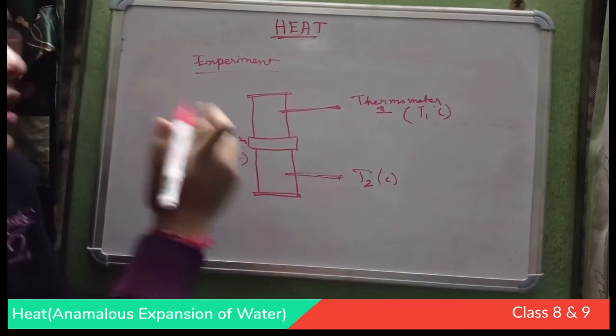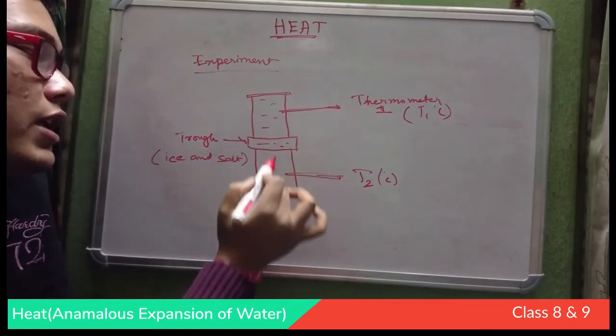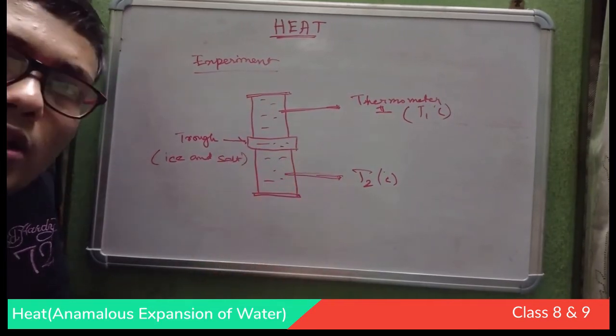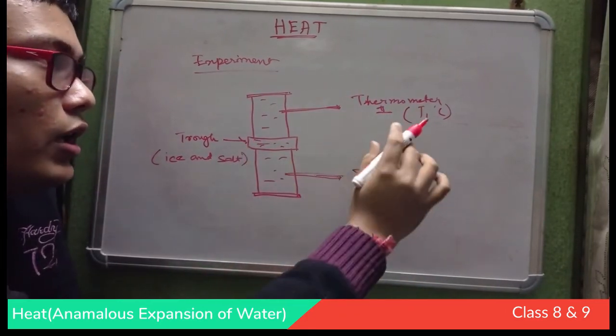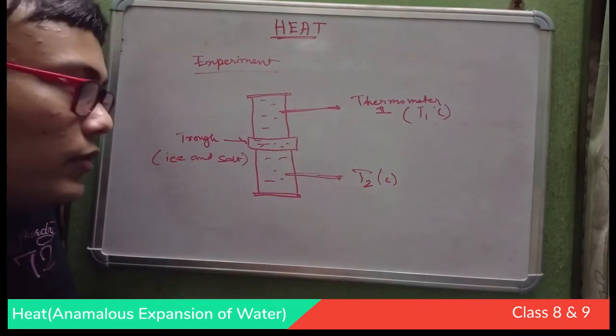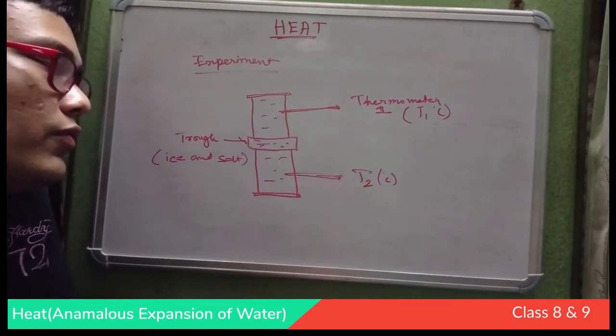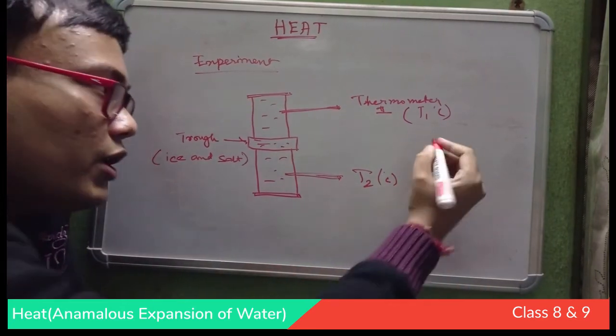Now we have filled these 2 metal cylinders with water at normal room temperature. So initially T1 and T2 are the same, because both of them contain water at room temperature.